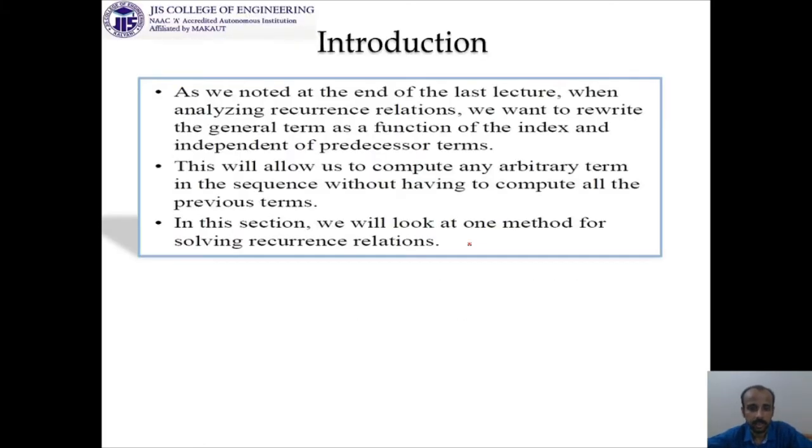In the last lecture, we discussed the recurrence relation, its formation and some other properties. We analyzed how to write it, the identification procedure of a recurrence relation, what the sequences are, and the relationship between the recurrence relation and the index.